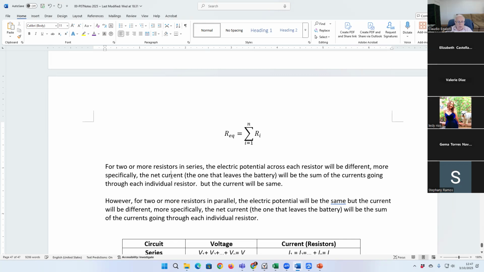And for series, more specifically, the net voltage, the one provided by the battery, will be the sum of the voltages applied to each individual resistor. However, the current will be the same.